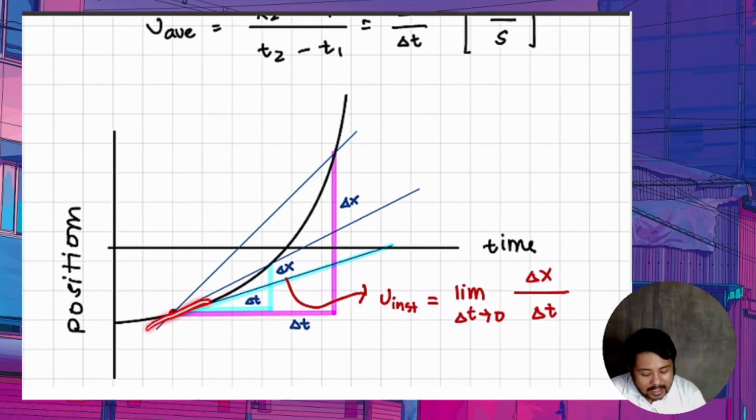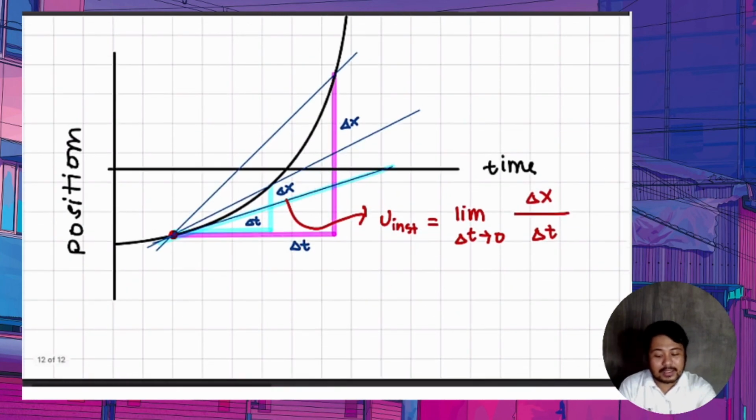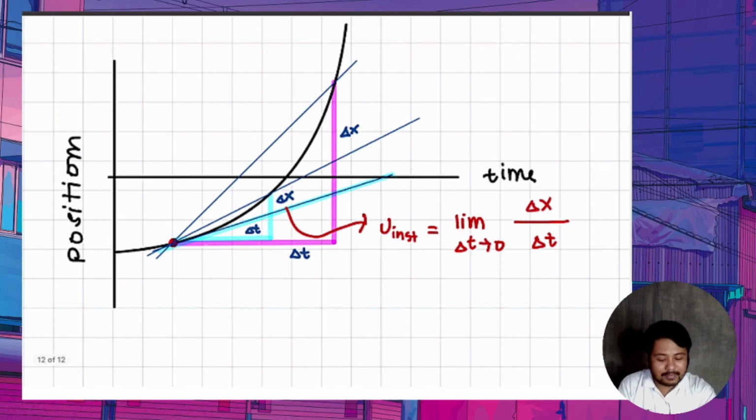Eto na yan siya ngayon. So, touching at one point. So, instantaneous velocity is just equal to delta x over delta t, wherein the limit delta t is approaching 0. Or for us, ang alam natin for this one, instantaneous velocity is just equal to dx over dt. Okay, finding the first derivative.